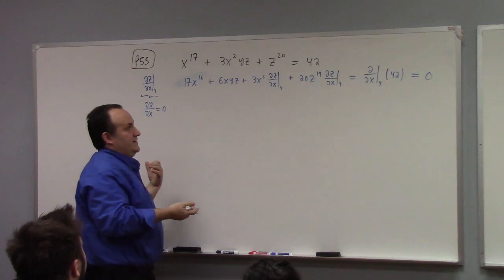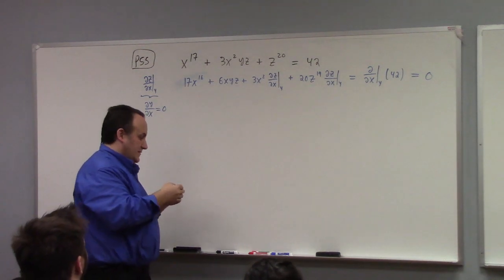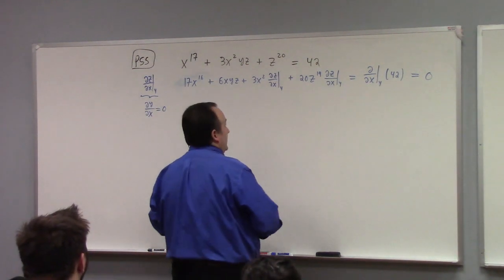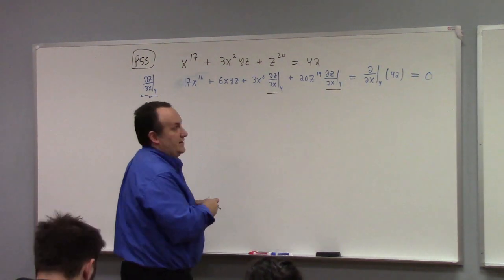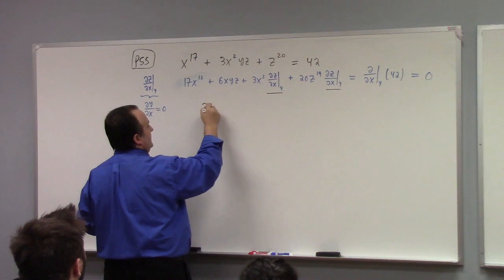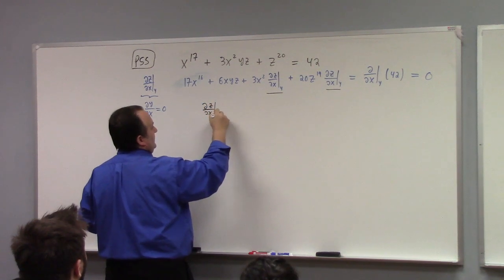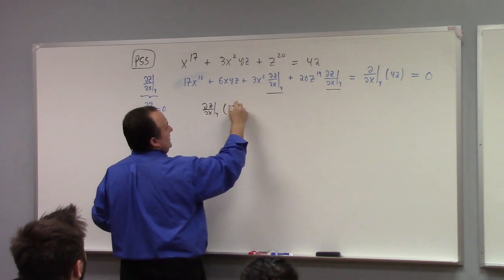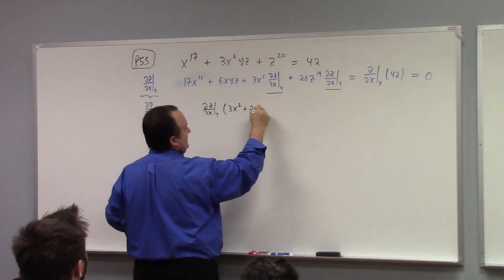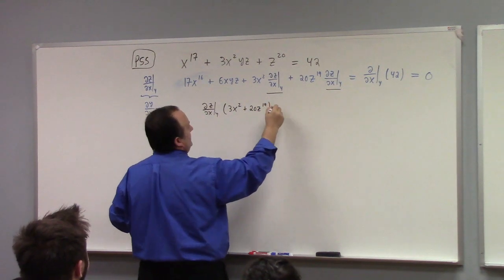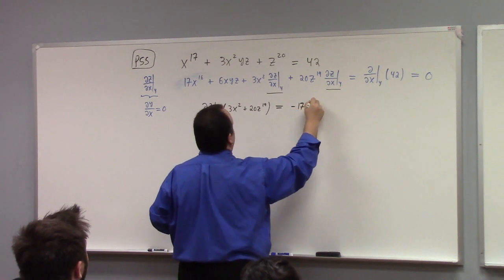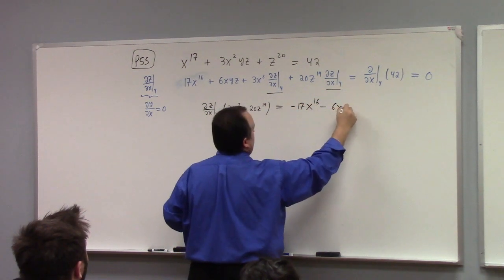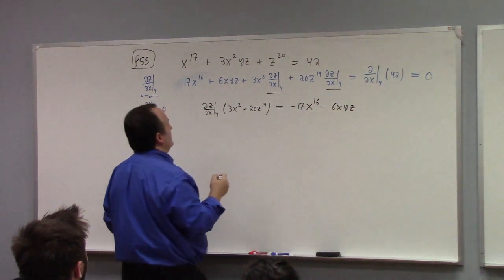And then after I'd done that, what would I do? Well, then I can solve for what I'm after. I get partial z, partial x holding y fixed, times 3x squared plus 20z to the 19, equal to minus 17x to the 16 minus 6xyz, if I haven't made a mistake.